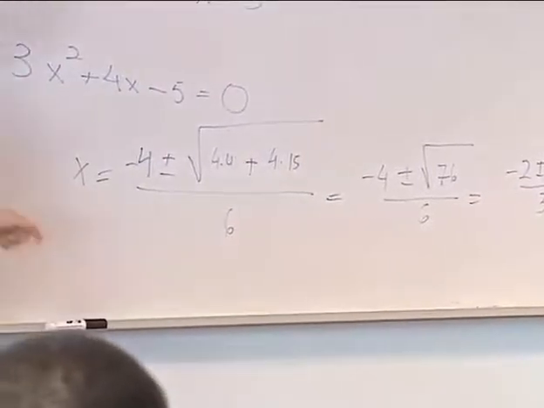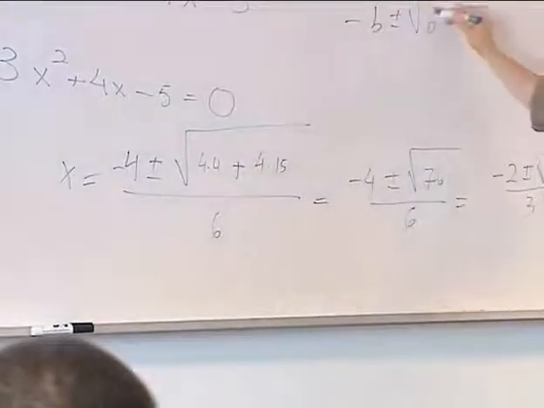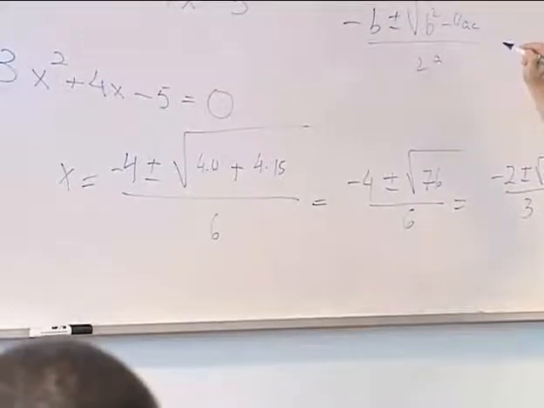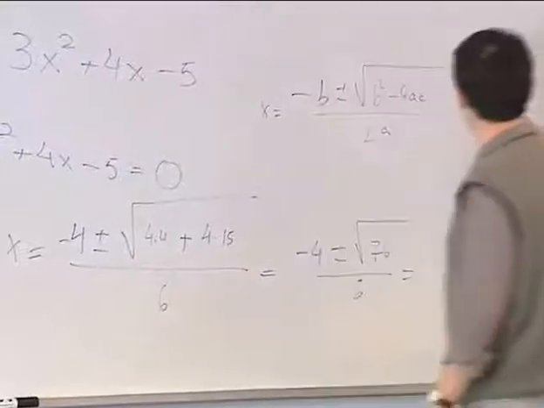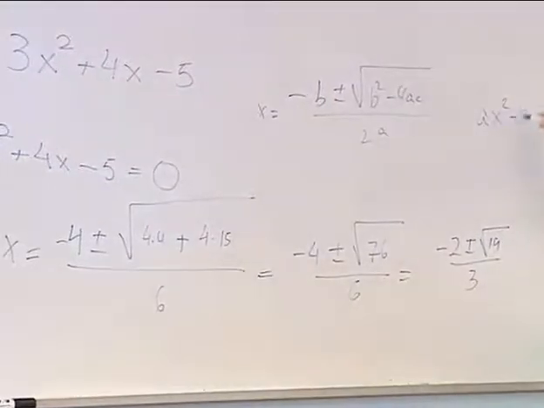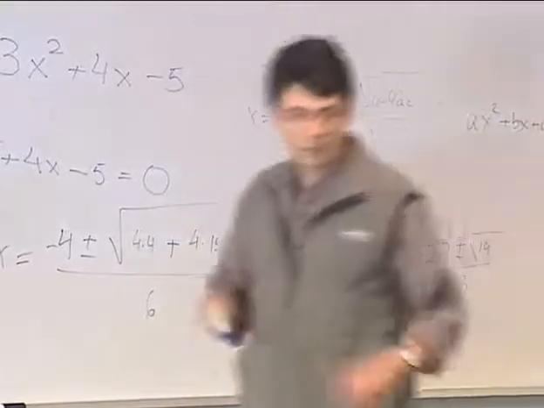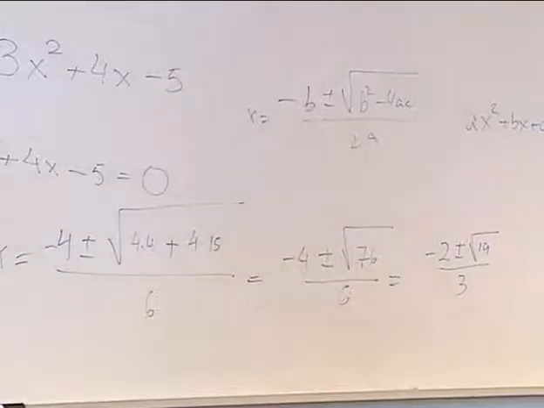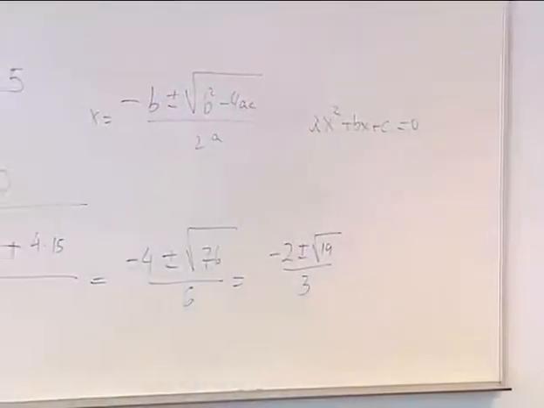It is the formula that says negative b plus or minus the square root of b squared minus 4ac divided by 2a. Remember that? X is equal to this, and it's ax squared plus bx plus c equals 0. Any formula that's over 3,000 years old, you respect, right?